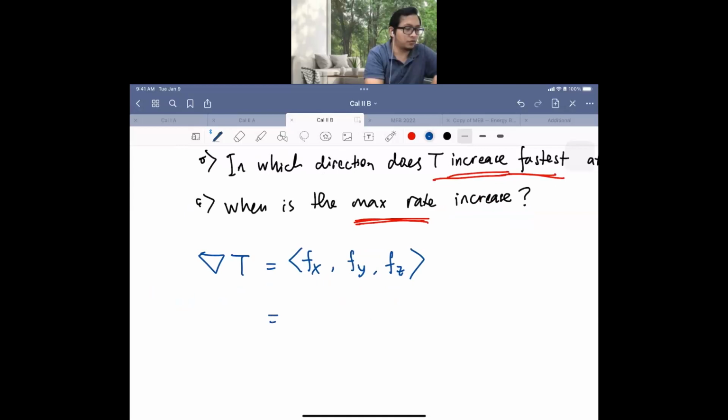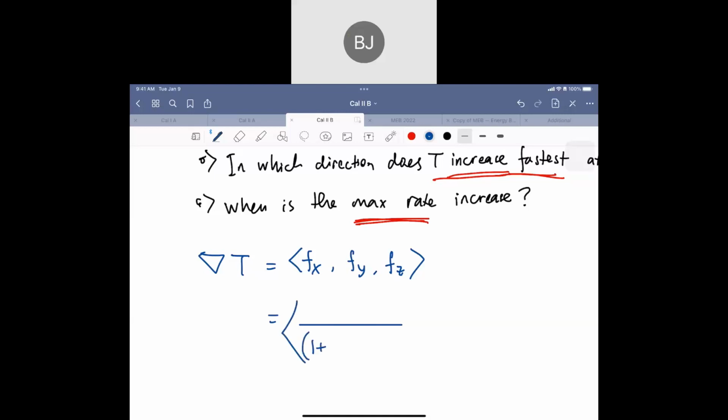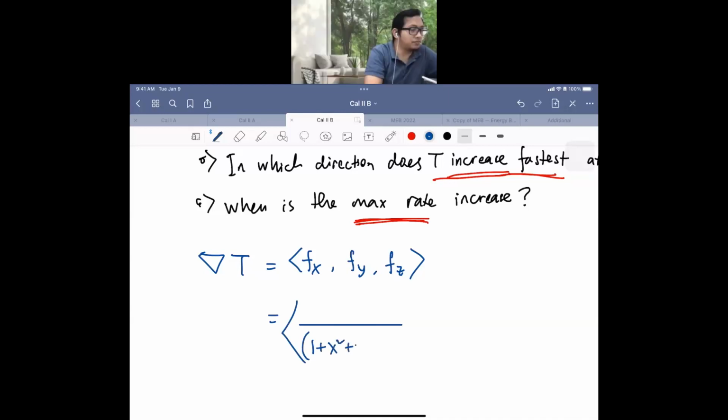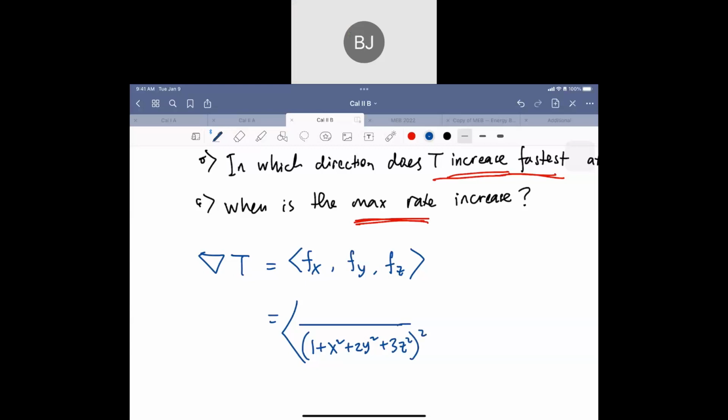So the whole thing will be 1 plus x squared plus 2y squared plus 3z squared, all squared.